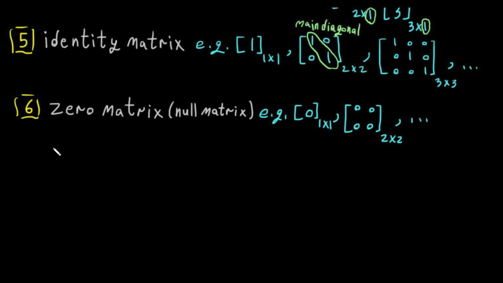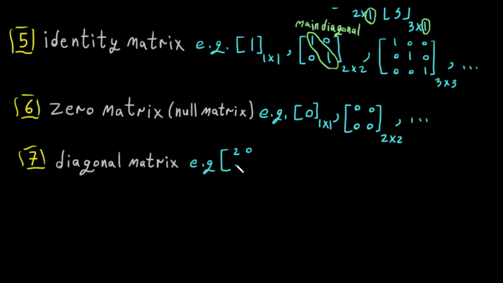Now we will talk about the diagonal matrix. Diagonal matrix is similar to the identity matrix, but a diagonal matrix has numbers here not equal to 0. So for example here, 2 0 0 -1.